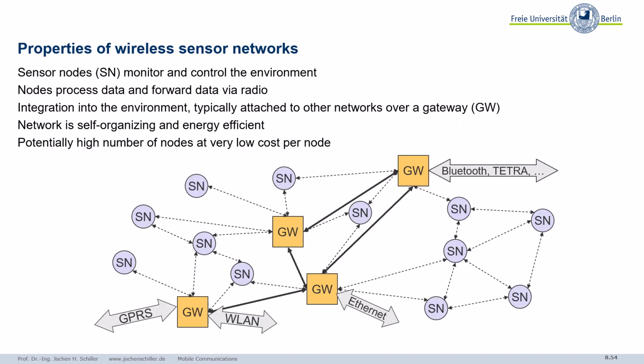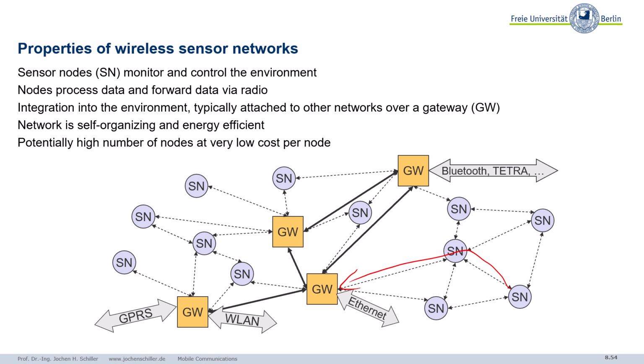So if you look at sensor networks, the typical setting is an ad hoc network, yes, but maybe you have some more powerful gateways. You see, this is this kind of clustering, hierarchical approach to handle scalability. So more powerful gateways and simpler sensor nodes, and those nodes process the data and forward via radio, and then maybe over several hops. That's quite common.